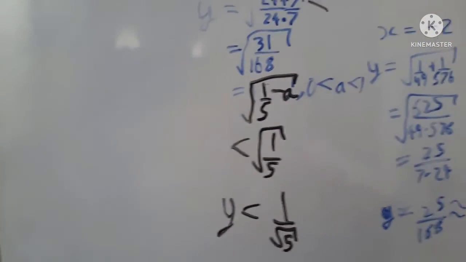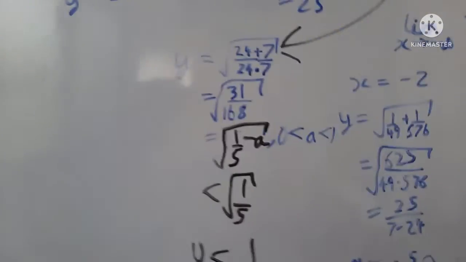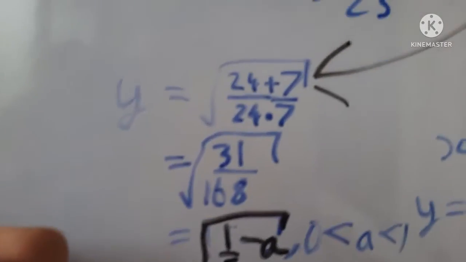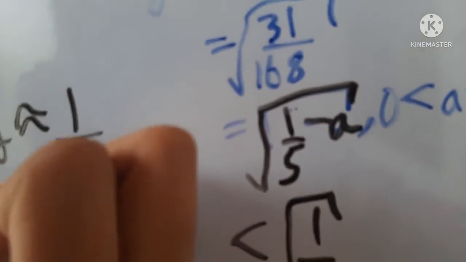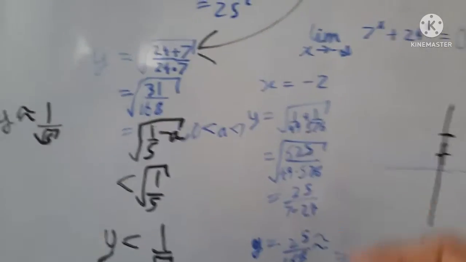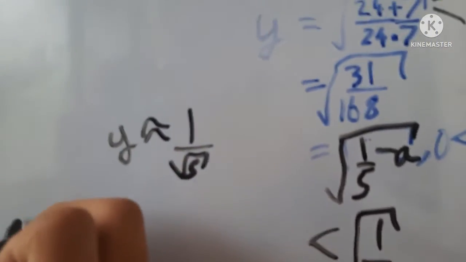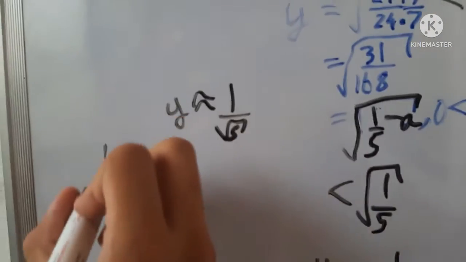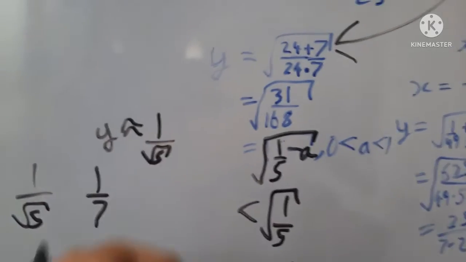It's less than 1 upon square root of 5, but it's somewhere around it, I guess we could say. y is approximately 1 upon square root of 5 for x equal to negative 1. For x equal to negative 2, we have 1 upon 7. Comparing 1 upon root 5 with 1 upon 7, I think.